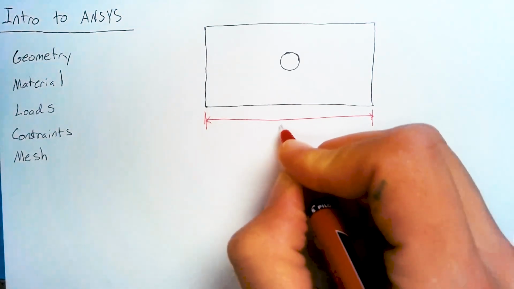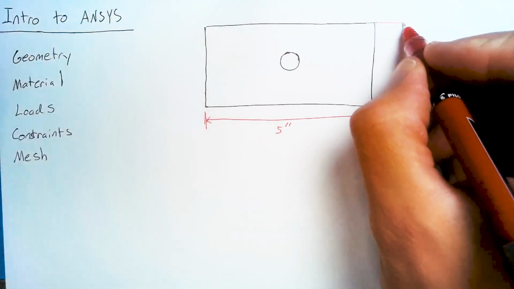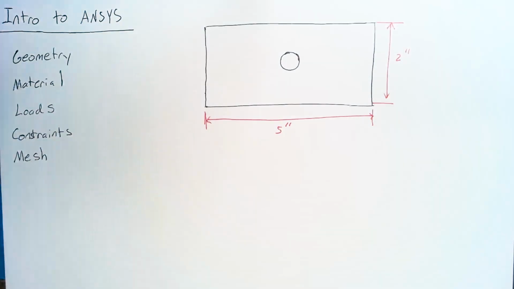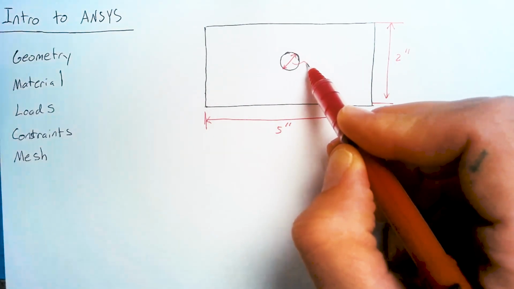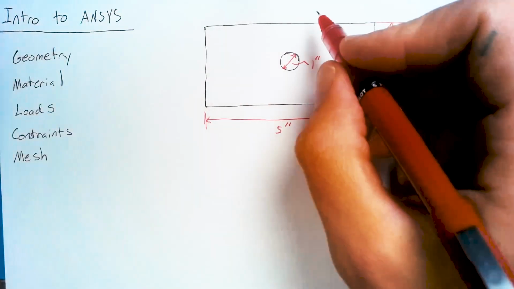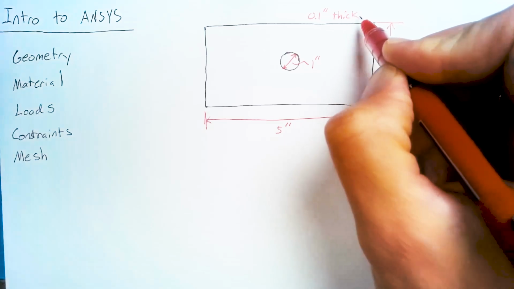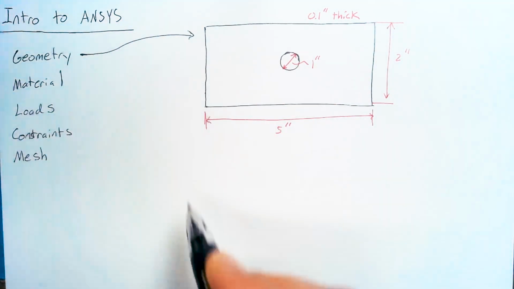So the length of this thing is going to be 5 inches, and the height is going to be 2 inches. The size of this hole is going to be 1 inch in diameter, and then the entire thing is going to be just 1/10 of an inch thick. So that is everything we need to define the geometry.